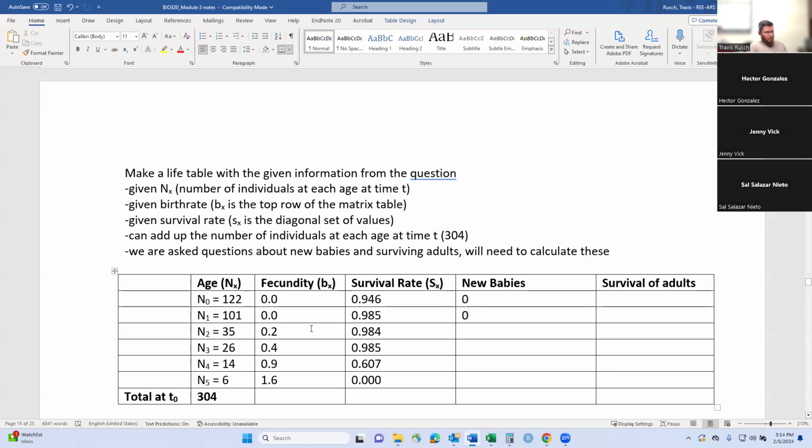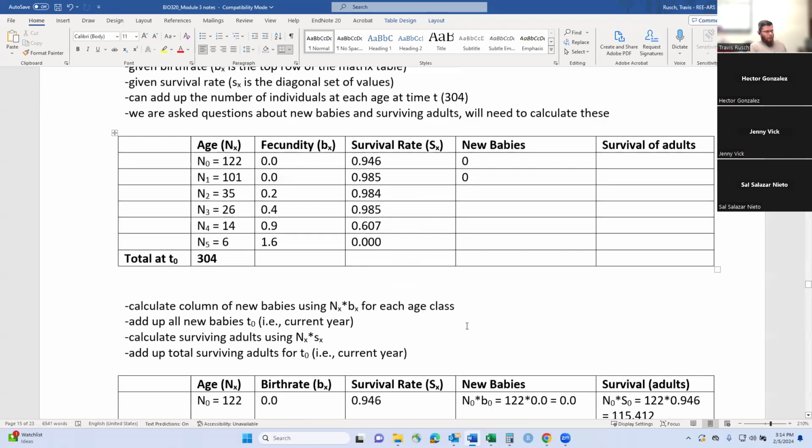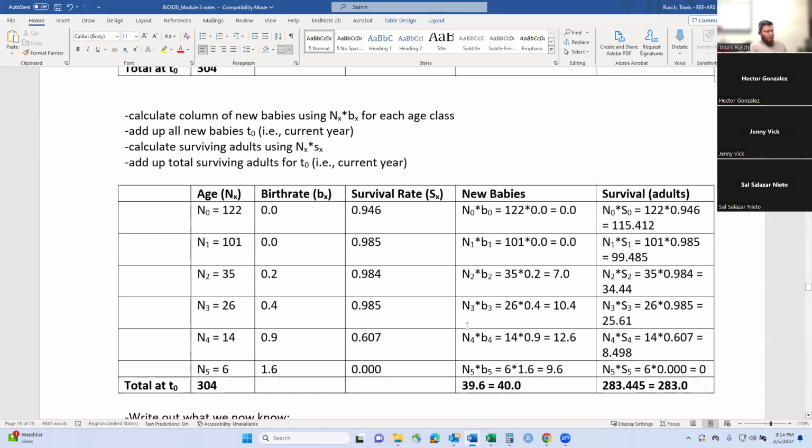So B of x equals N of x times fecundity is how we calculate the new babies, and we can fill that in for each age class. 0, 0, we already said this is mathematically how we get it. But for 2-year-olds, there are 35 of them, and they have a fecundity, or birth rate, of 0.2, so 35 times 0.2 is 7.